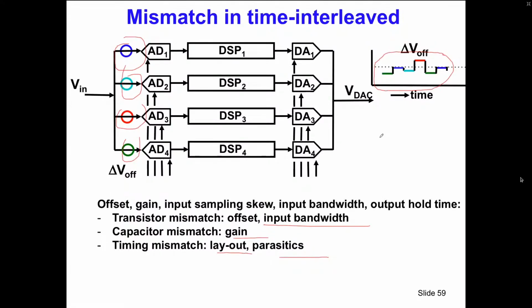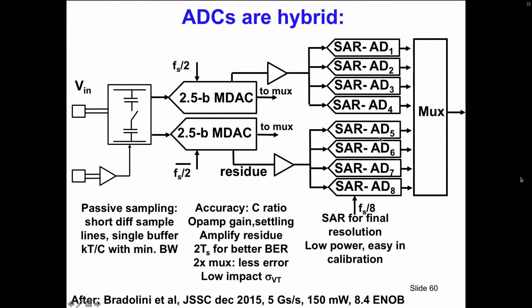I can discuss this endlessly, but let me point you to a paper that I really like. That is a paper by I think it was a Broadcom engineer, Brodorini, some 4 or 5 years ago. And I think he really understood what he was doing. In his front end, he used passive sampling.